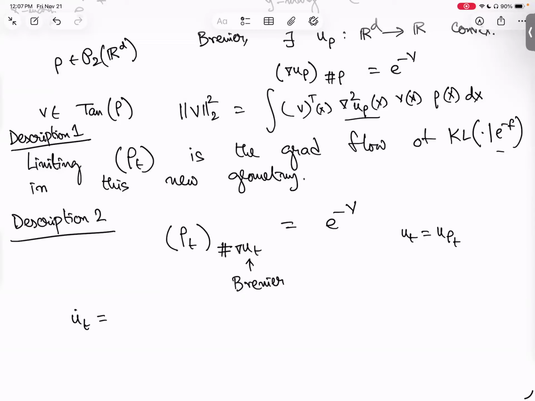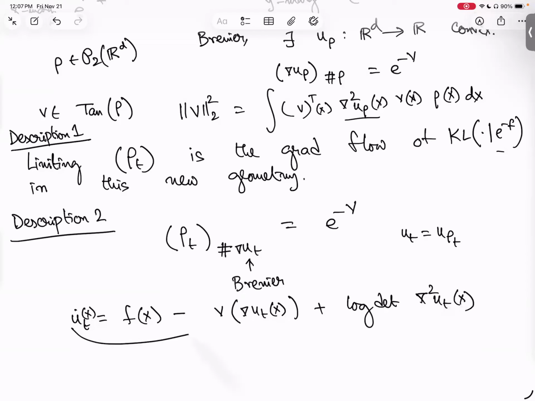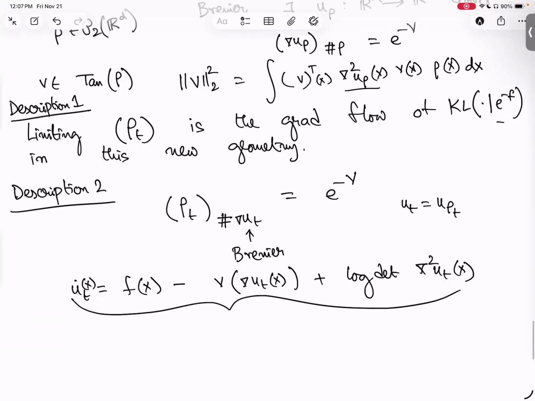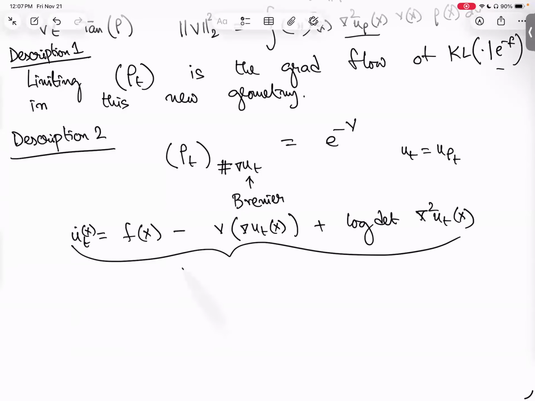And the answer is that u dot t of x is f of x minus v of gradient of ut of x plus a log determinant of the Hessian of ut of x. And this beautiful equation is what is called the parabolic Monge-Ampère, which again existed classically. It's not something we came up with. I'll explain what this means and what this has to do with the Monge-Ampère equation.